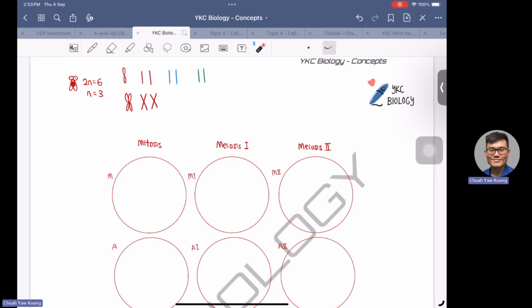Before the S phase, the cell has this type of chromosome, 6 chromosomes. After the S phase, because the DNA is replicated, when the DNA is condensed and becomes chromosomes, they will become this type of chromosome, and again they have 6 chromosomes here.